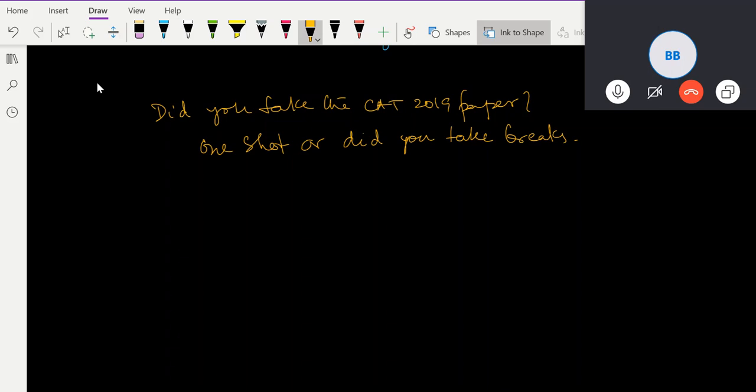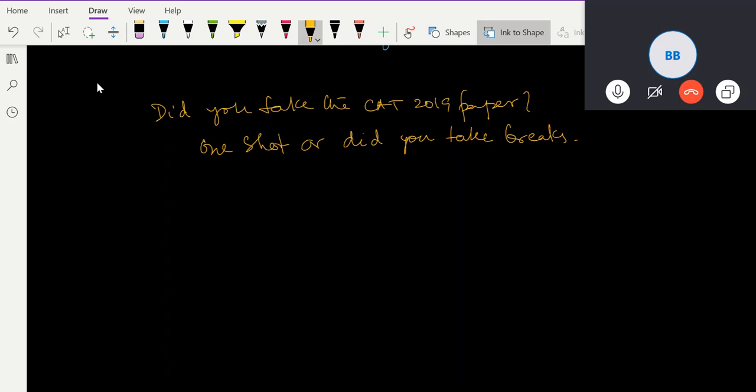Okay. How much was your score? Like, raw score is not given in the CAT, I guess. The score which was given was around 75 or so, and I got 80 percentile overall. Okay. Great.